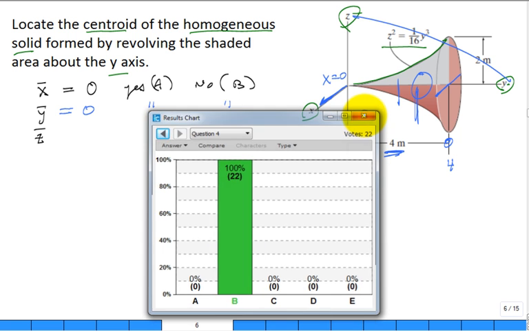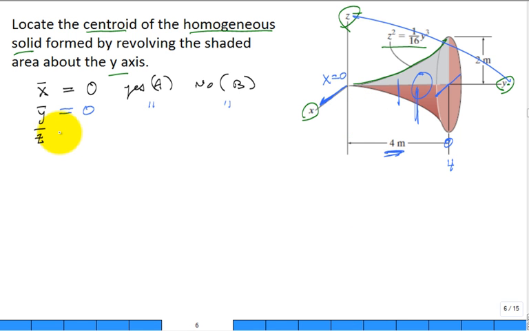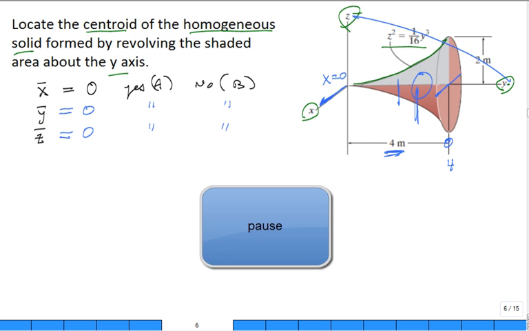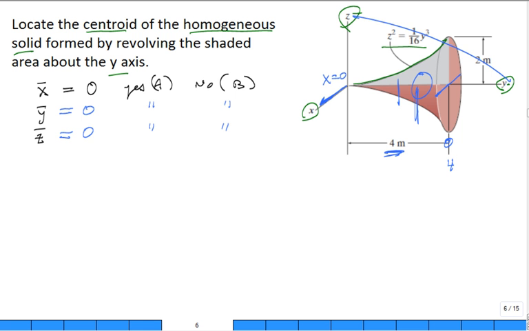Very good. Last one: is z bar equal to 0, yes or no? Well, what does it mean when x bar is equal to 0? That means the centroid is somewhere in the YZ plane.